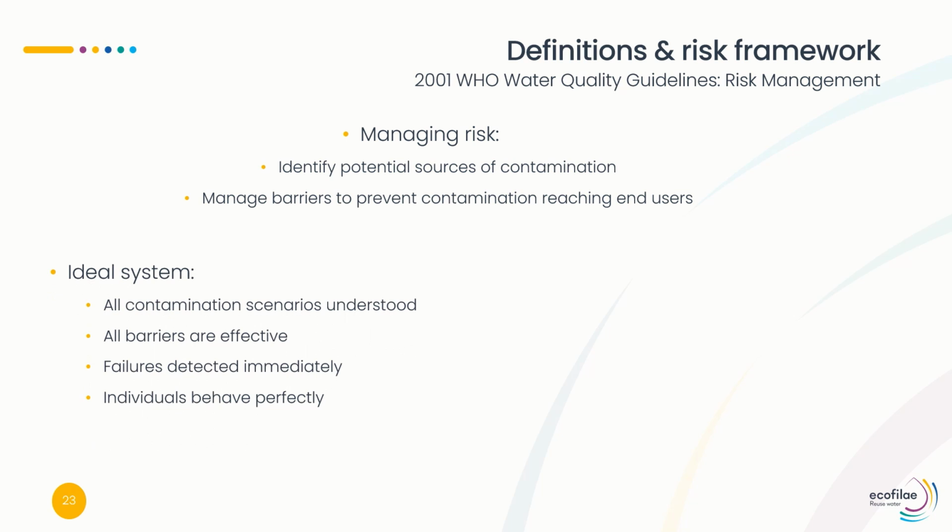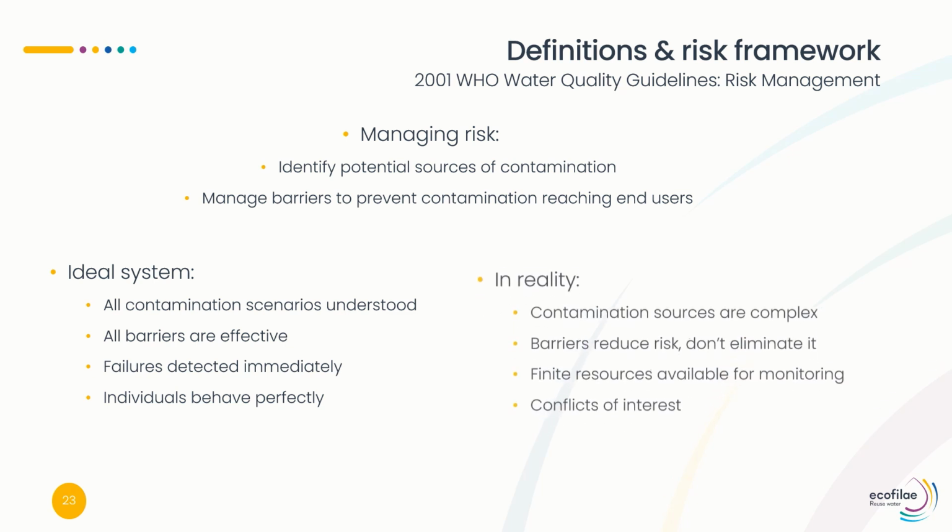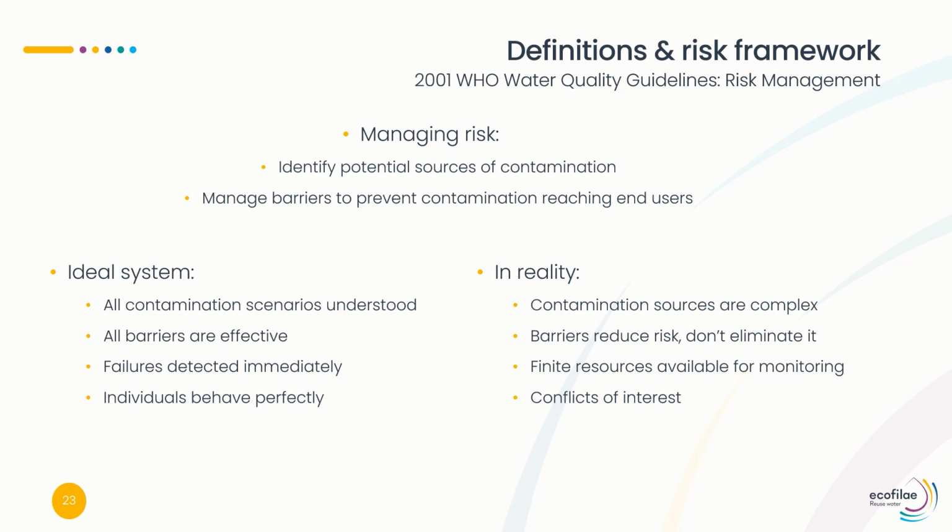In an ideal system, this would be satisfactory since all scenarios by which contamination could enter the system would be understood, barriers would be effective at eliminating the risk from these sources, any barrier failure would be detected and corrective actions taken immediately, and individuals with the power to manage risk would have this as their primary interest and would behave appropriately. In reality, the arrangement of waterborne contamination sources and barriers is very complex and is never perfectly understood.